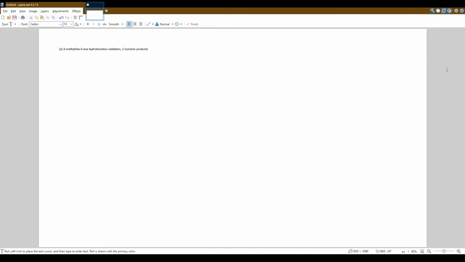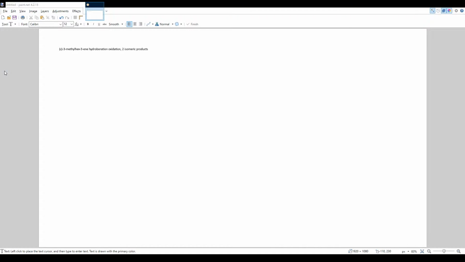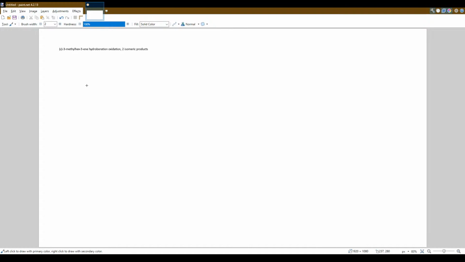Okay, so let's figure out. We also have to label their S configuration, R configuration, all that kind of stuff. So 3-methylhex-3-ene: 1, 2, 3, 4, 5, 6. Z means that it's Zusammen, so I guess it's like this. That's the molecule we have.